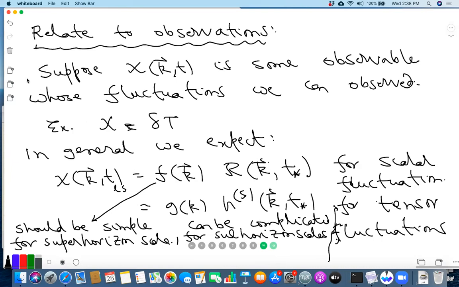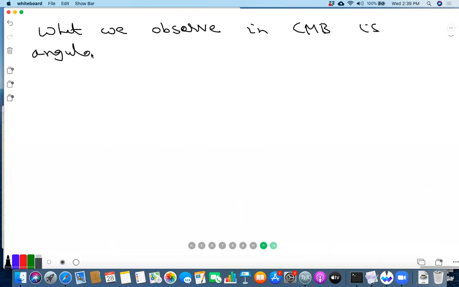But the second point you have to analyze, and in fact that's what we'll probably do first, is the following: that what we observe in CMB is angular correlation, not spatial correlation.